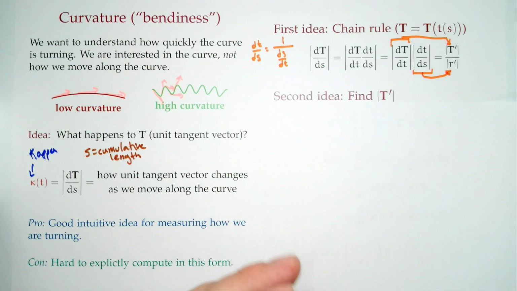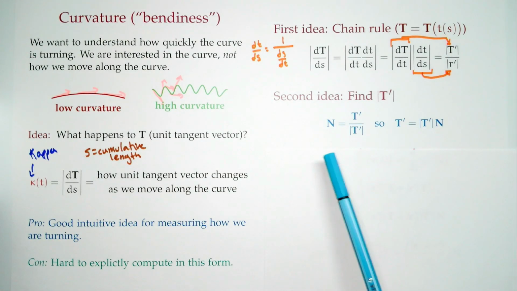So, second idea, find T prime. How are we going to do it? Well, we're going to start by recalling the unit normal vector. Last time we talked about decomposing acceleration. We said there's one part that points in the direction of motion, which we called capital T. There's one part that's perpendicular to motion, which we called capital N. And the way you found N was you took the derivative of T and then you made it a unit vector.